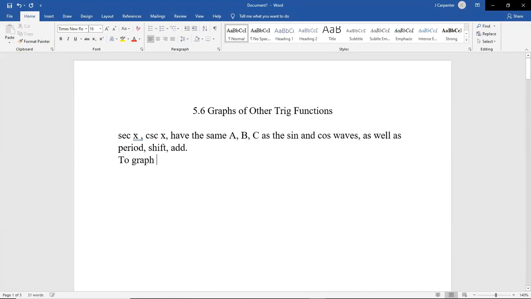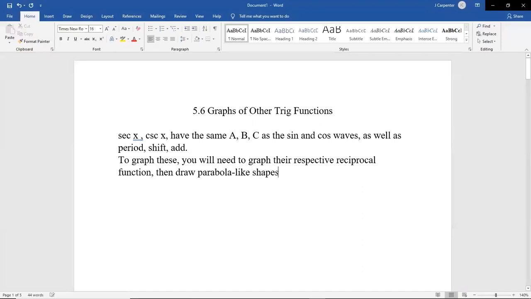To graph secant and cosecant, we'll need to graph their respective reciprocal functions and draw parabola-like shapes from the peaks or valleys.